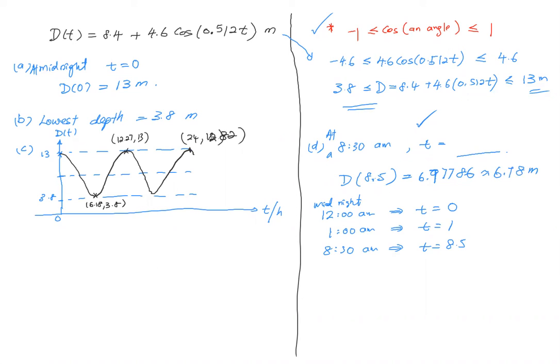So then the question says, okay, you got the depth, you got 1 mark. So is the tide rising or falling at this time? This is 6, correct? 8 is around here, correct? Is the tide rising or falling at this time?